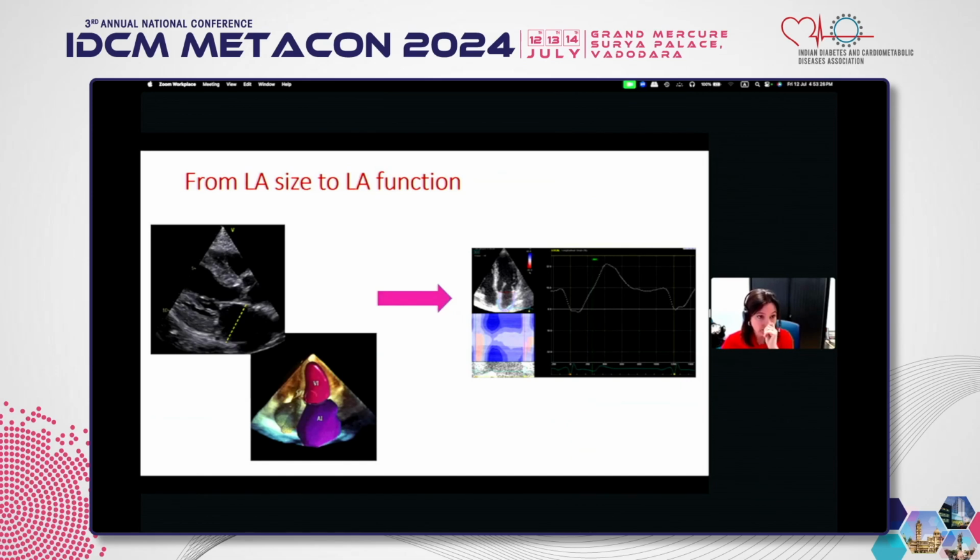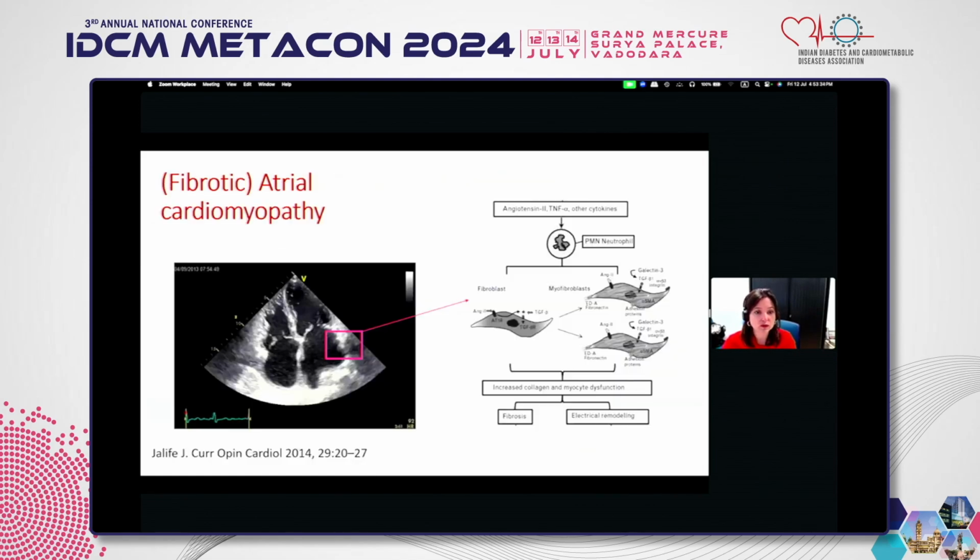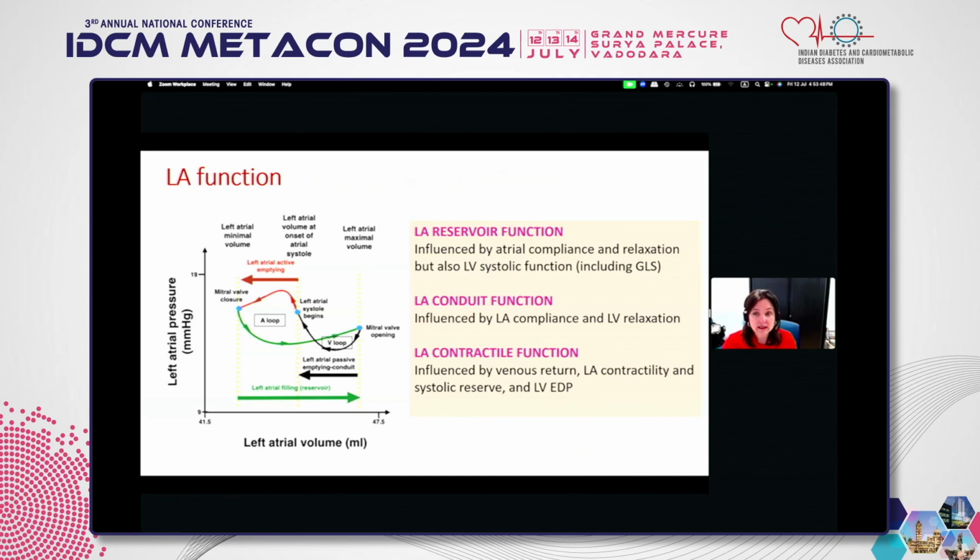We are shifting more and more from measuring the size of the left atrium to going towards the function of the left atrium, because we all know that the atrium can also be very sick. I've been hearing more and more about what we call atrial cardiomyopathy, fibrotic remodeling and electrical remodeling of this chamber. And therefore, assessing the function will give us much more information than just measuring the size.